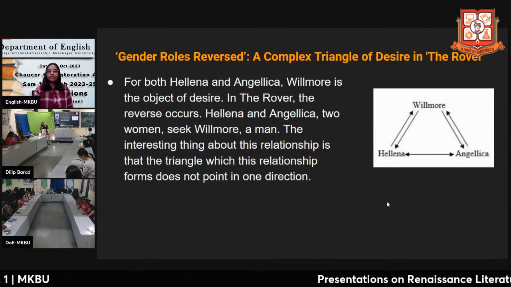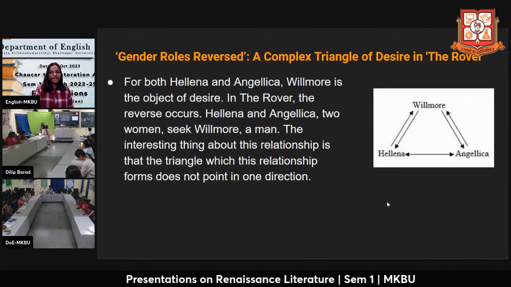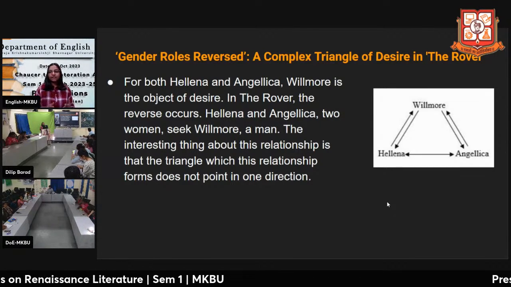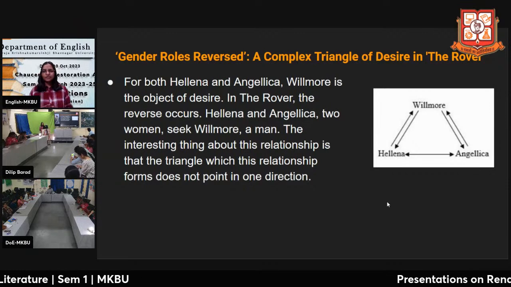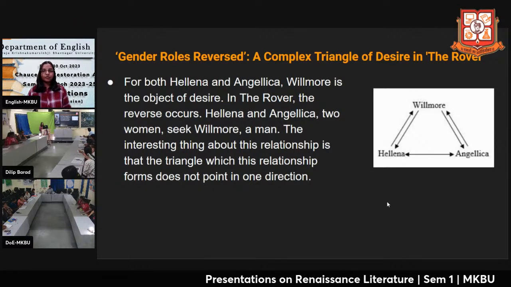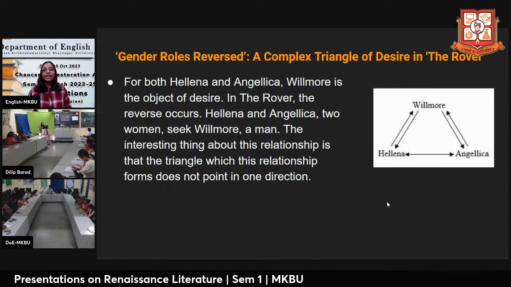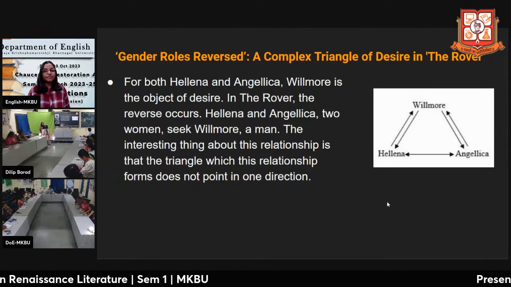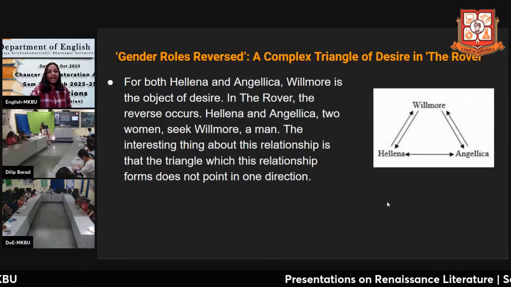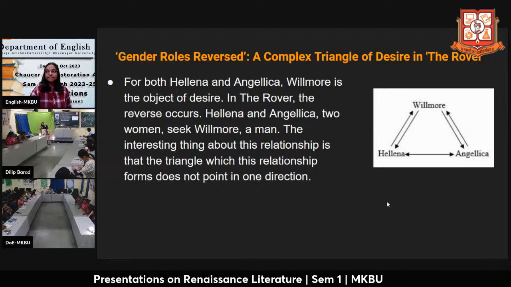Gender roles reversed, a complex triangle of desire in The Rover. For both Helena and Angelica, Willmore is the object of desire. In that case, we can see that he is interested in both women, Angelica and Helena. The reverse occurs: Helena and Angelica, two women, seek Willmore, a man. The interesting thing about this relationship is that the triangle does not point in one direction.